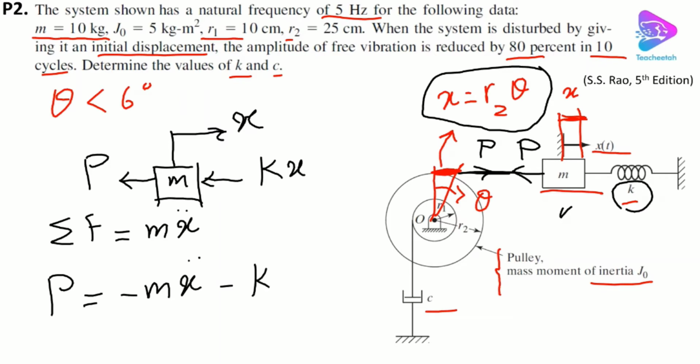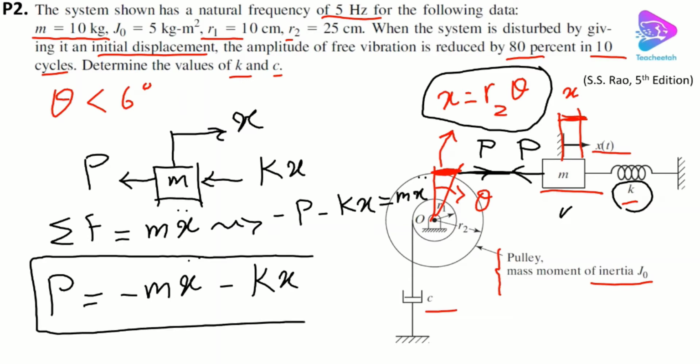How can we find that? Imagine we use this equation: F is equal to minus P minus kx. We set it equal to m x double dot, and by simplification we get P equal to minus m x double dot minus kx. Keep this in mind because we are going to use it in the future.